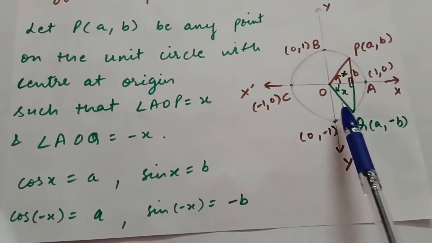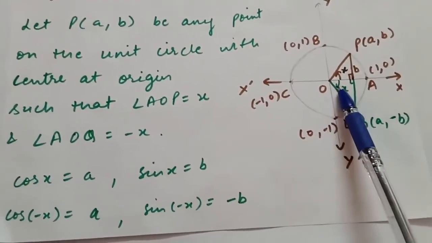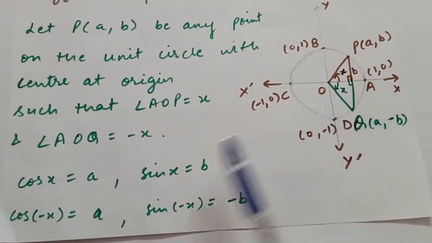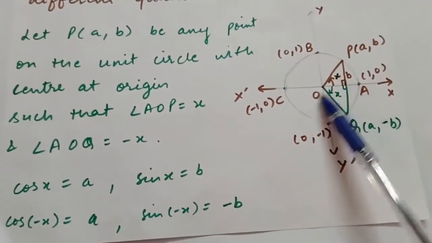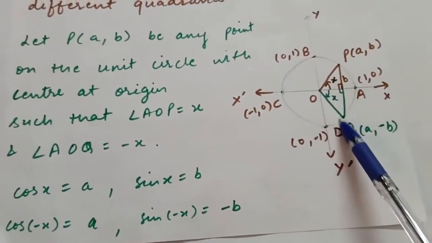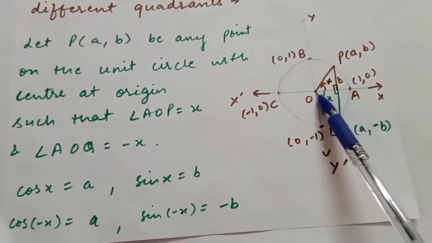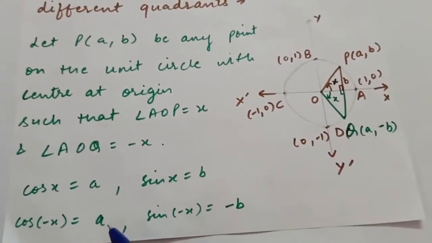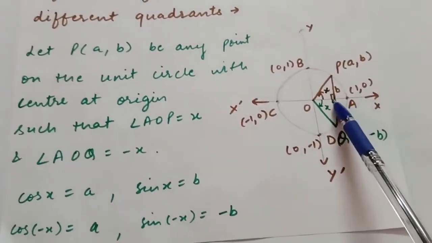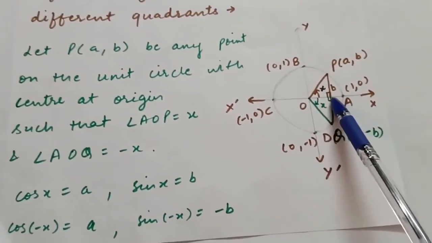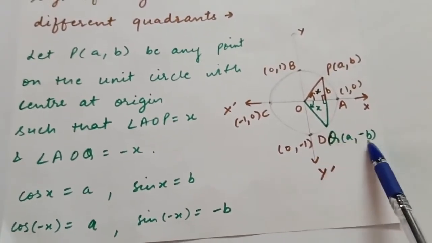Now see this cos of minus x, because we have taken this in the clockwise direction, so it will be minus x. Now cos of minus x will be, you can see, base upon hypotenuse. Hypotenuse is 1 and base, this distance, is A. So cos of minus x will be A and sin of minus x will be P by H. H is 1, hypotenuse is 1, perpendicular distance is B, but this point is minus B, right?